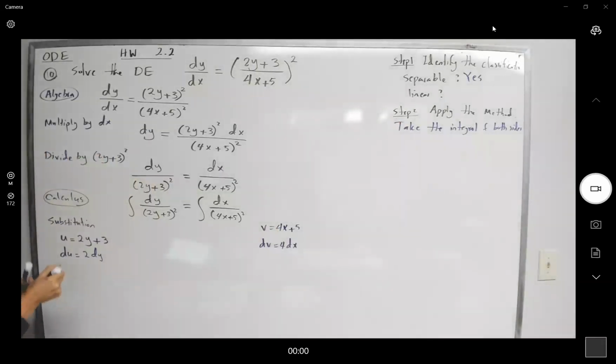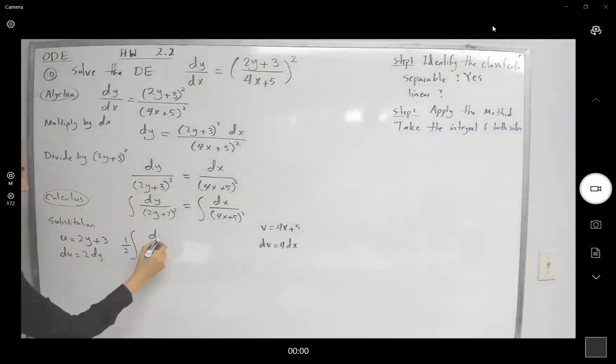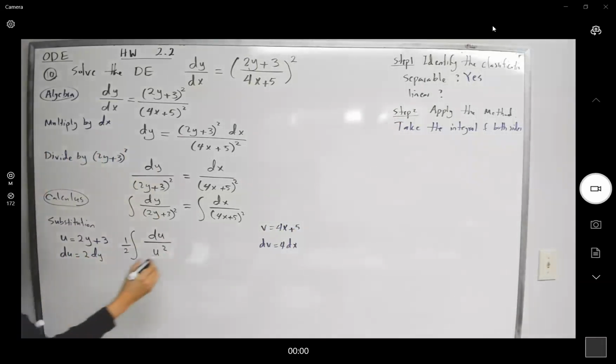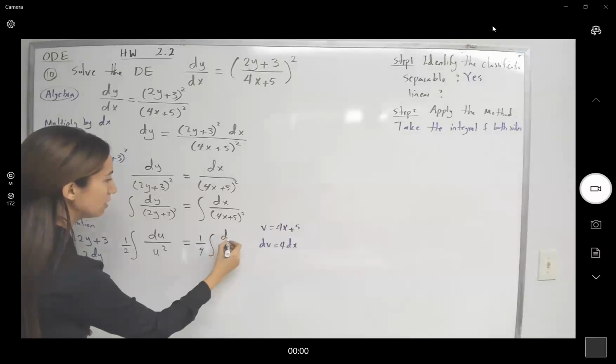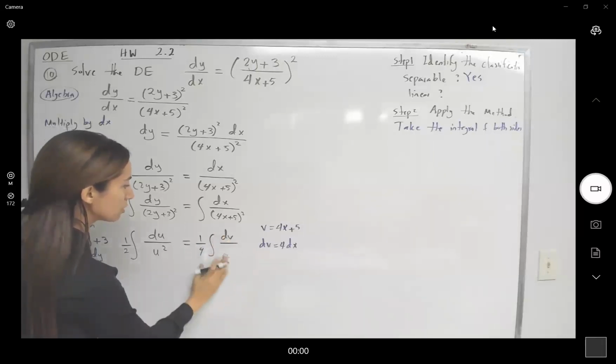So your first integral becomes the integral of, very well, here you have a half, du divided by u squared, equals, here you get 1/4 integral of dv divided by v squared.